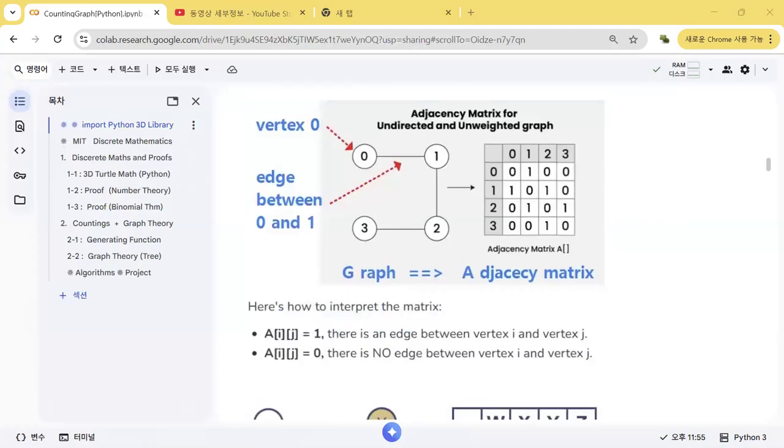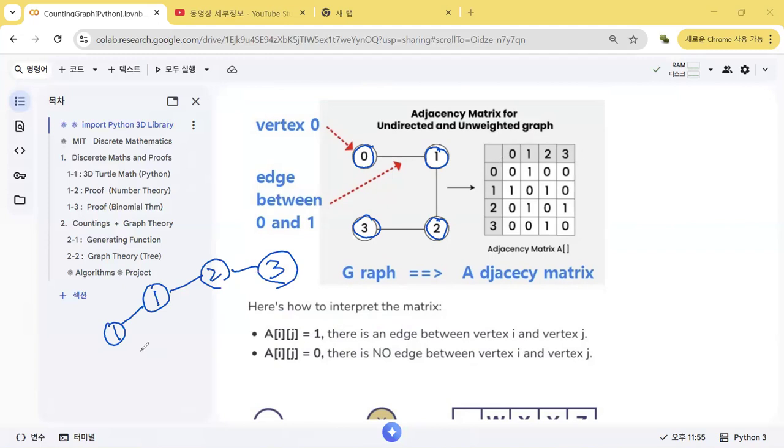So what is the matrix representation? Suppose these are the vertices. Usually in computer science, the starting number is 0, 1, 2, 3. So this is a very simple connection like this. Then how can you represent this in terms of a matrix?